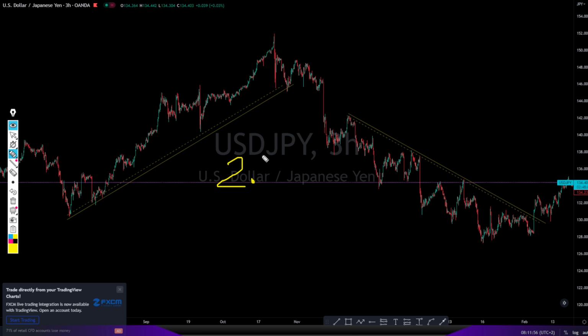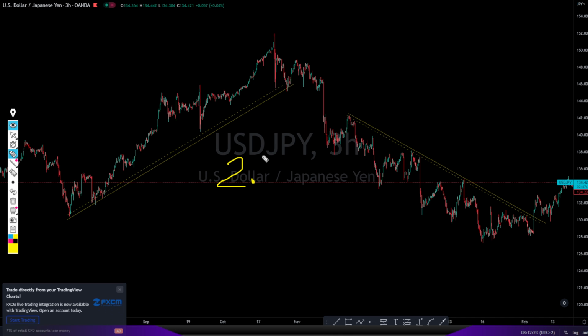Let me explain that. Support and resistance are areas where the price tends to bounce or reverse due to the imbalance of supply and demand. Support is a level where buyers are more than sellers, and resistance is a level where sellers are more than buyers.